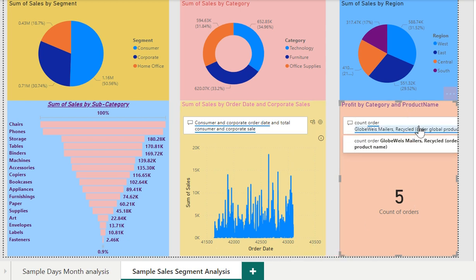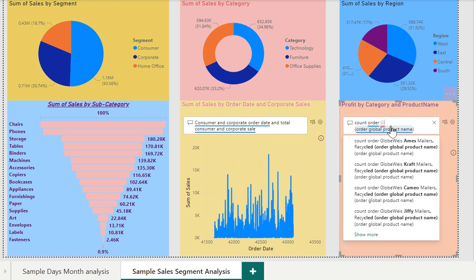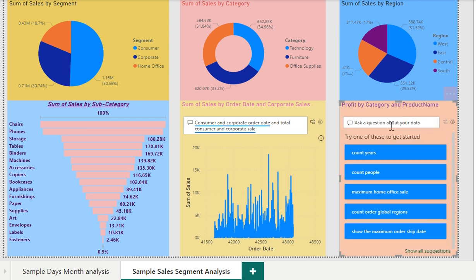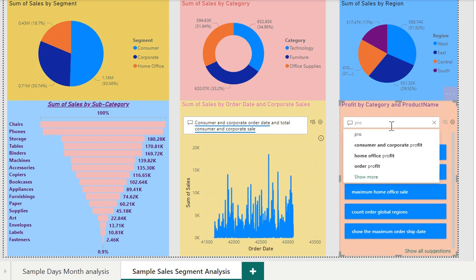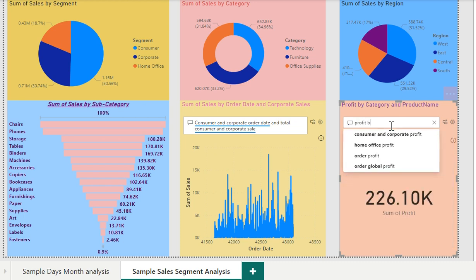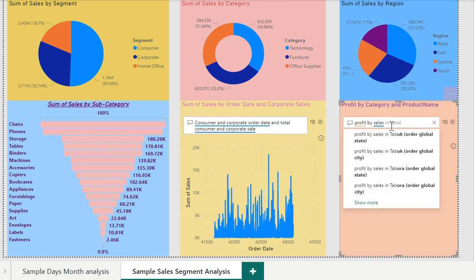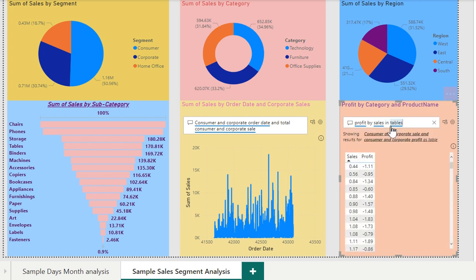And here I wanted to see the profit, so if I would like to see it in a table, or I would like to see it, you can ask any question using the AI. So I want to see the profit ratio right now, so I would say profit by sales in table.